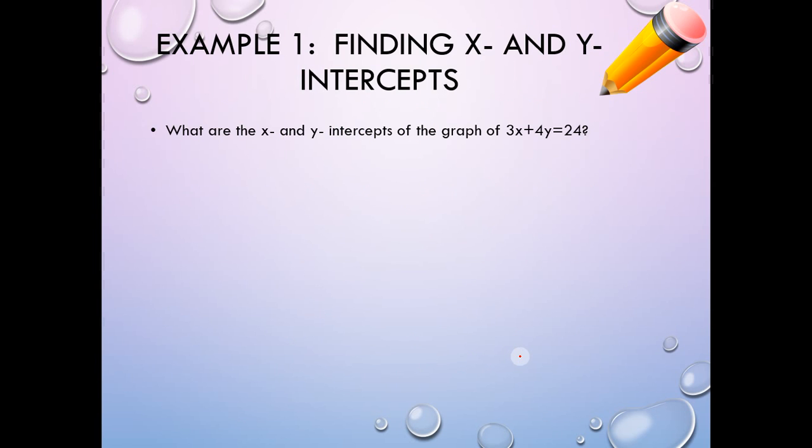So let's actually try an example. We want to find the x and y intercepts. To find the x-intercept, this is how you're going to do it: you're going to plug or substitute 0 in for y.